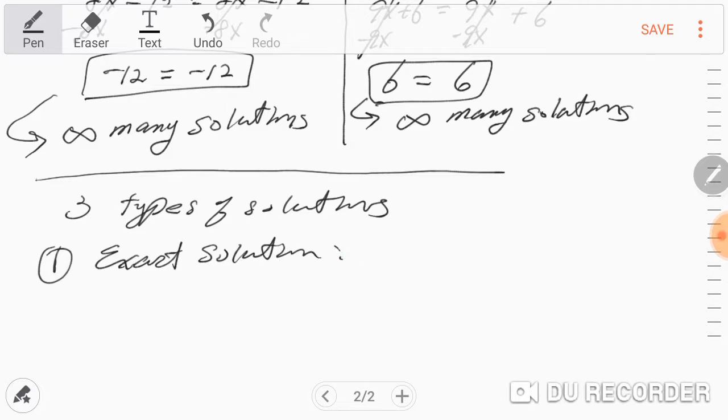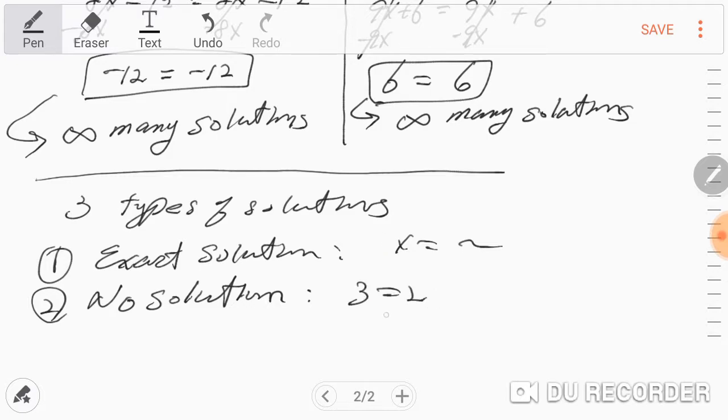So we may say x equals some value. Number 2, there is no solution at all. Whenever we have an equation which is not true, something like 3 equals 2, then we will say there is no solution. We cannot find any x values in this case.